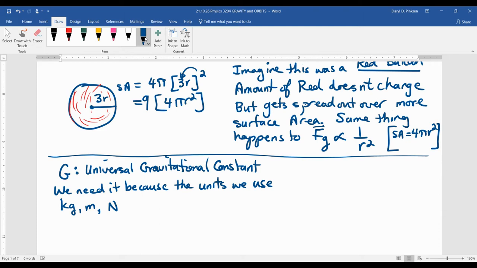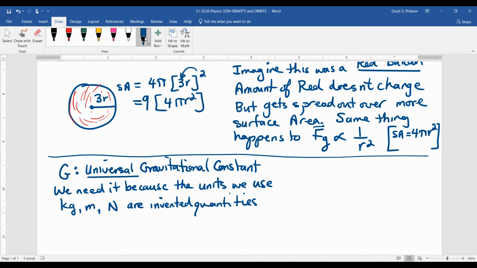We made these things up. These are invented quantities. We could use any unit for mass, any unit for length, any unit for force.